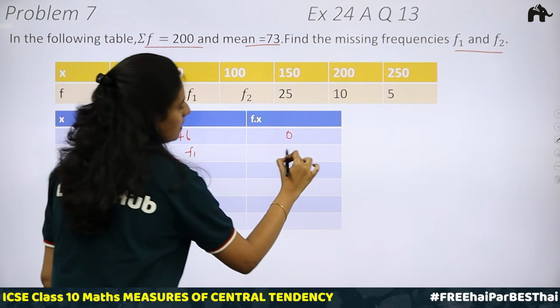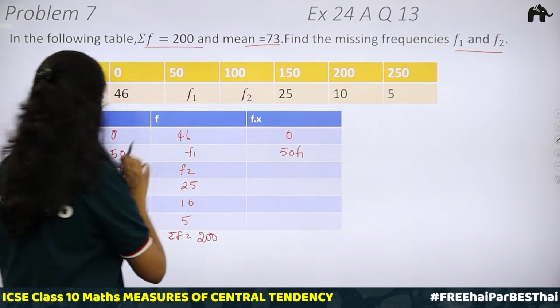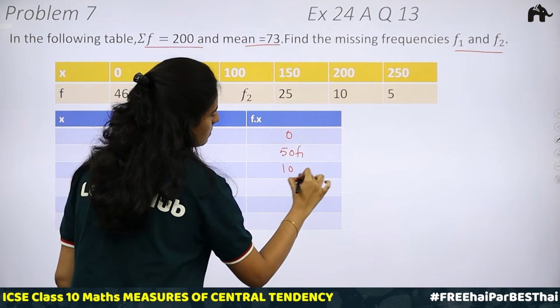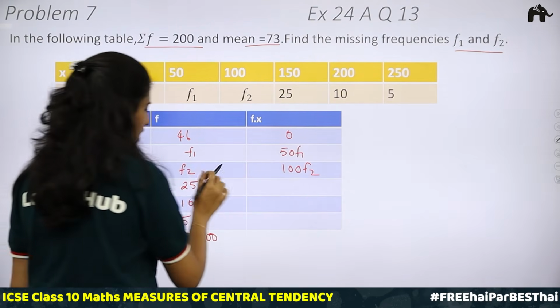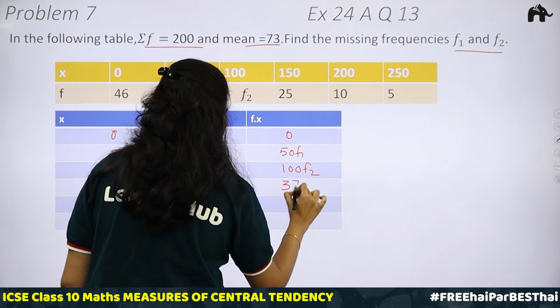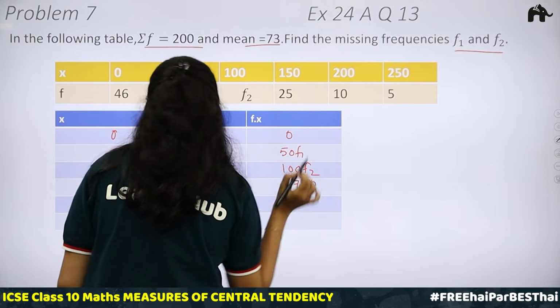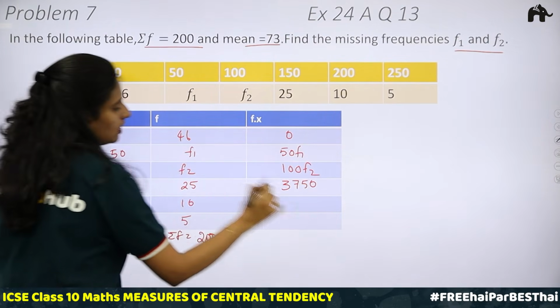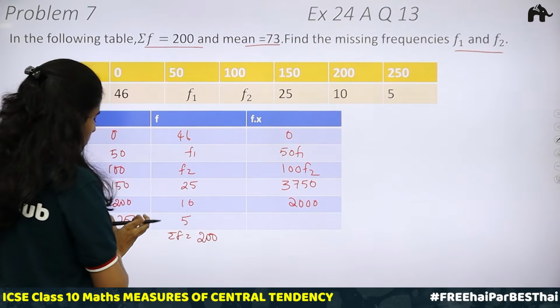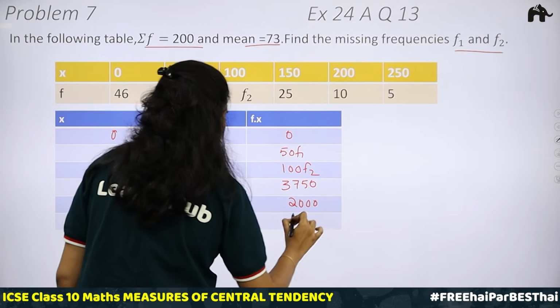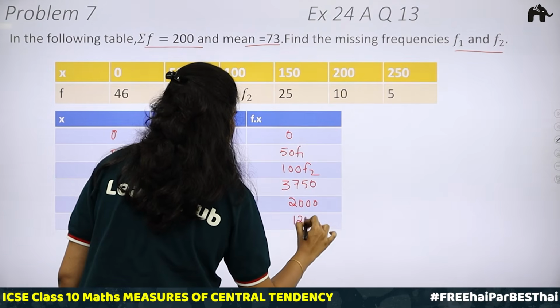50 into f1, 50 f1, 100 into f2, 100 f2, 150 into 25, that is equal to 3750. Then 200 into 10 is 2000. 250 into 5, 1250.